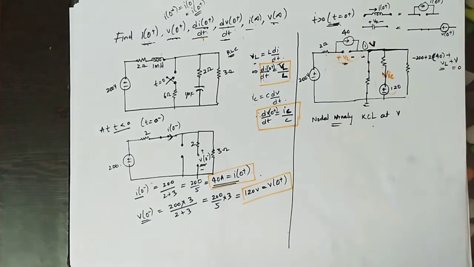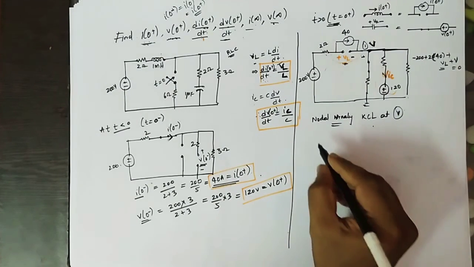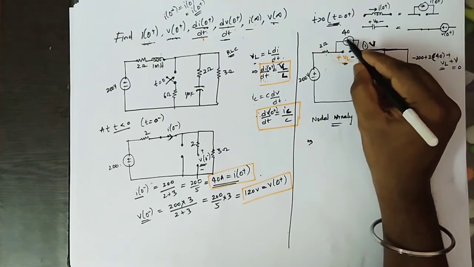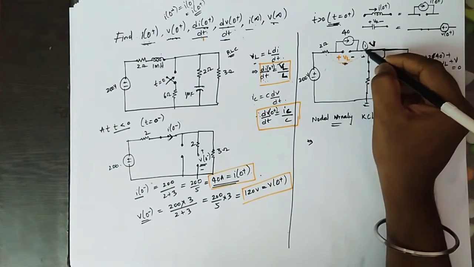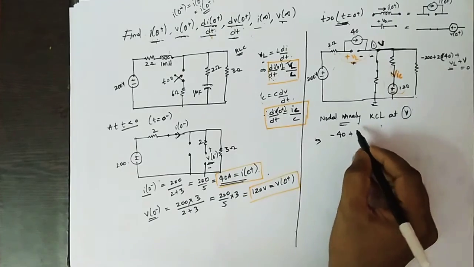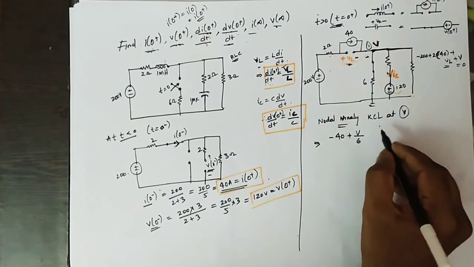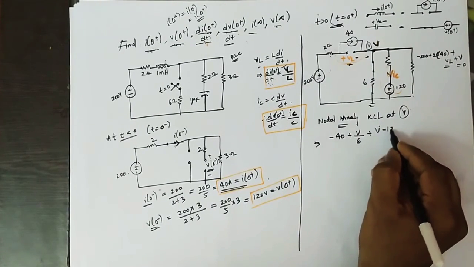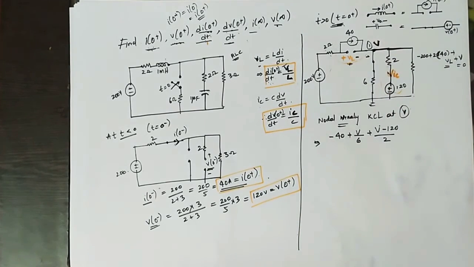So KCL at 1 means current entering, or according to KCL, what is the current leaving this node? The 40 is entering. So KCL at node 1: minus 40 plus V by 6, this is 6 ohms, plus (V minus 120) by 2.